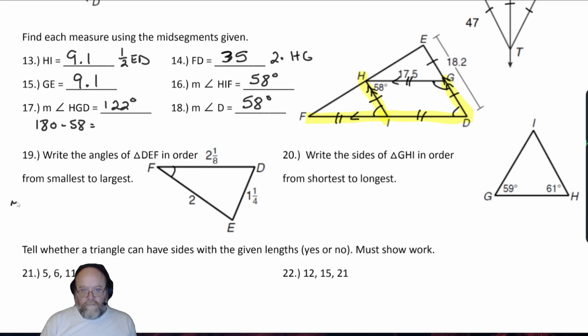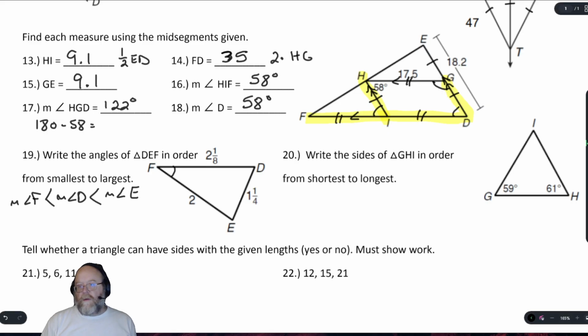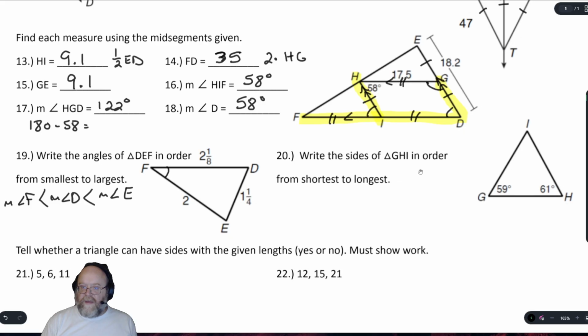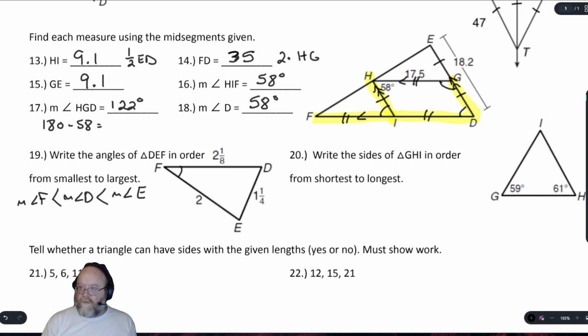So the measurement of angle F is less than, okay, 2 is less than 2 1/8, so D is making that one, and that's going to be less than the angle that makes the big one, the measurement of angle E. Pretty straightforward, pretty easy so far.